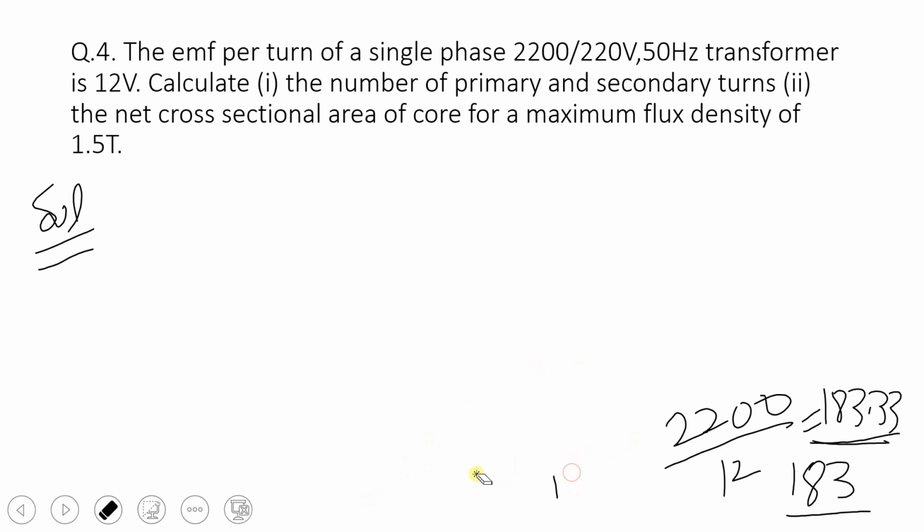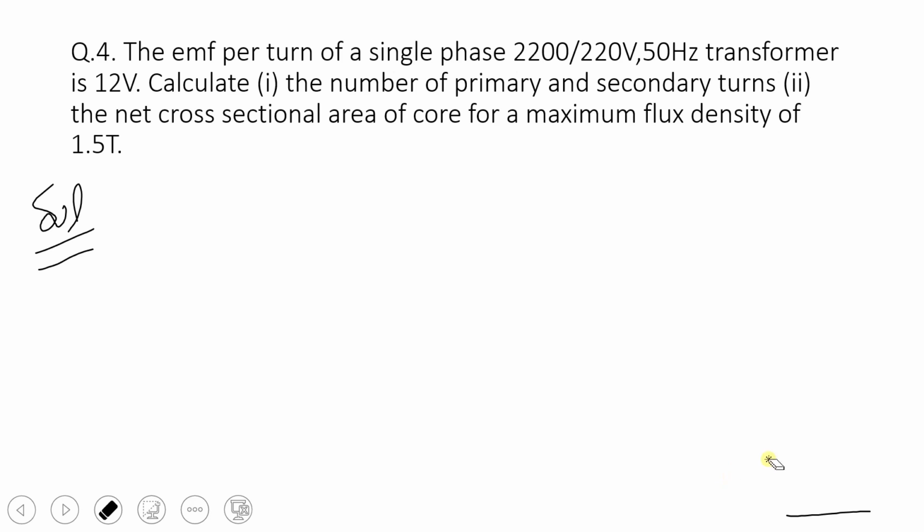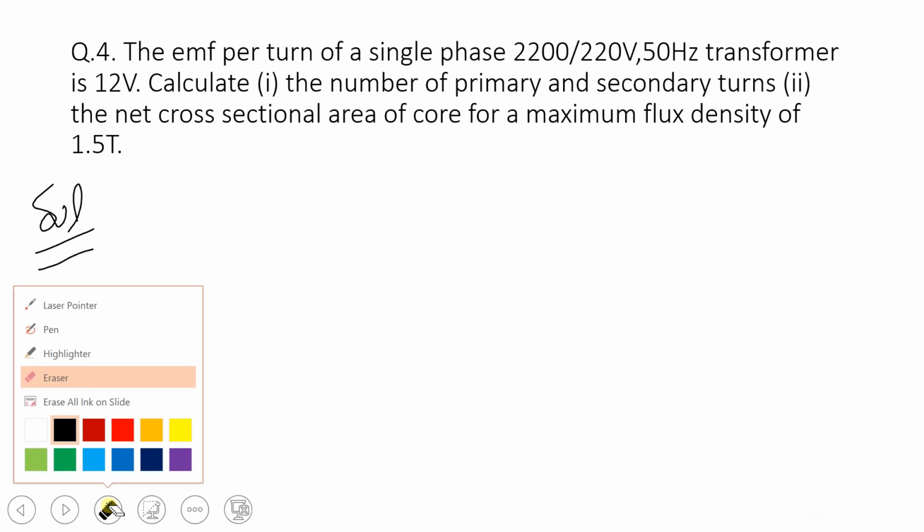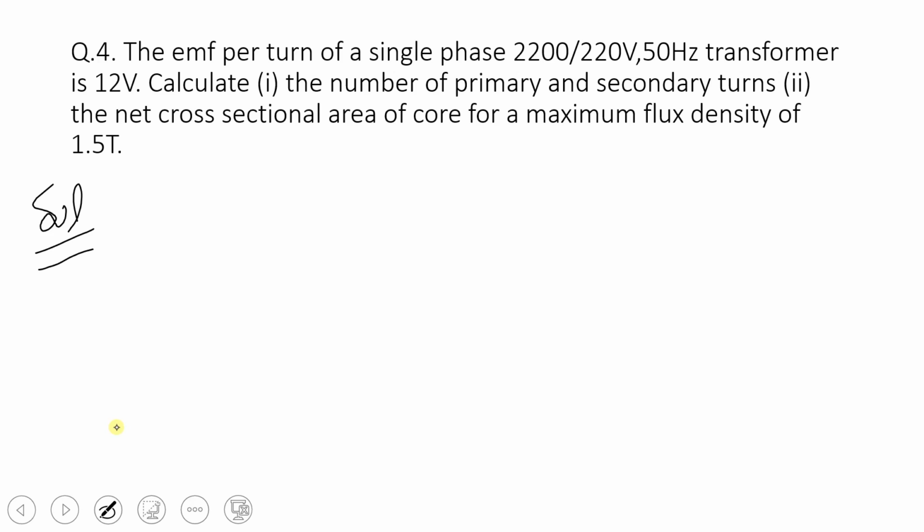Let me clear the screen. Then we will solve it like this: we know that E1 is equal to 4.44 f N1 phi max.